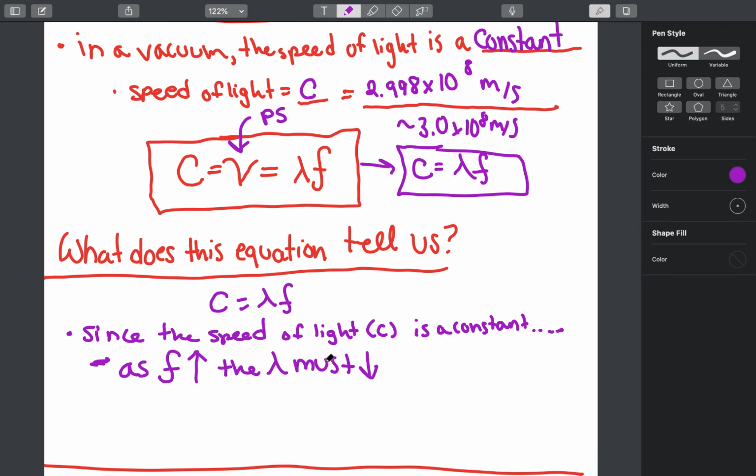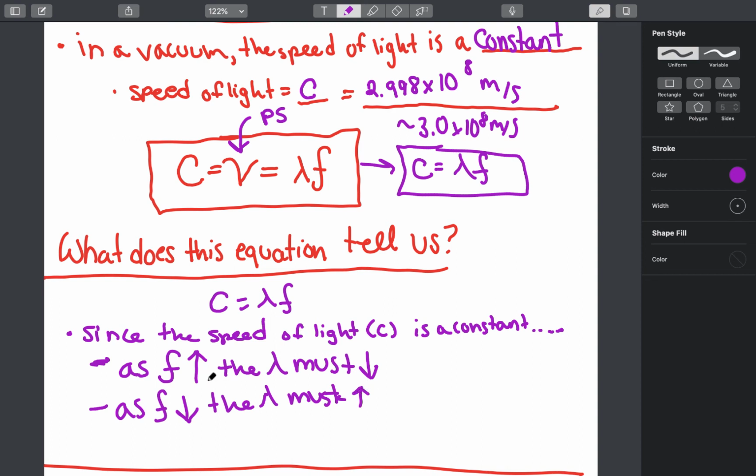And this relationship occurs in order to keep the speed of light constant, because as frequency increases, the wavelength must decrease in order to keep the speed of light constant. Now the reverse is true as well. As frequency decreases, the wavelength must increase.